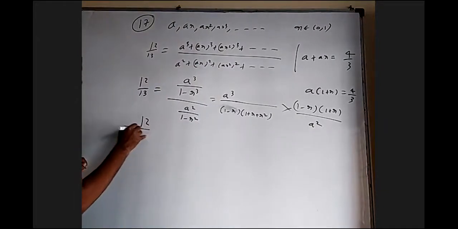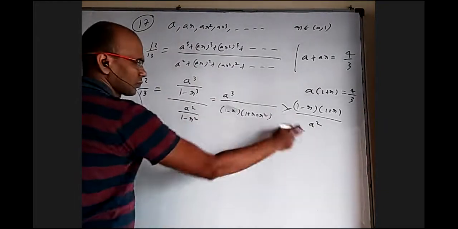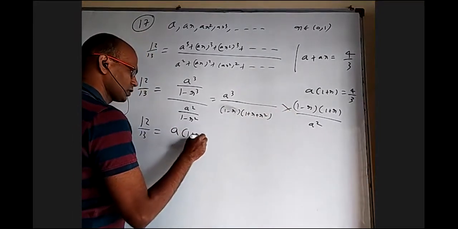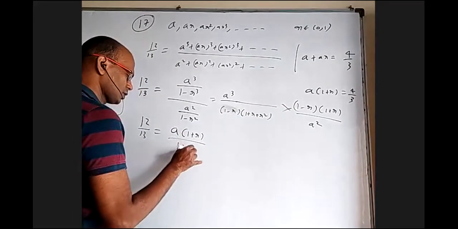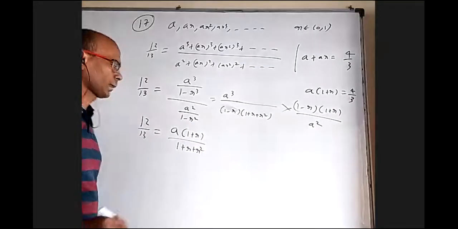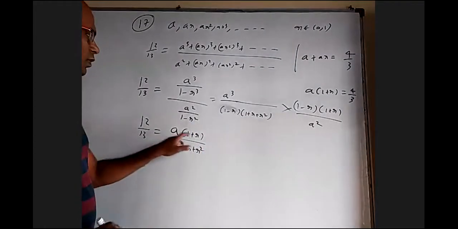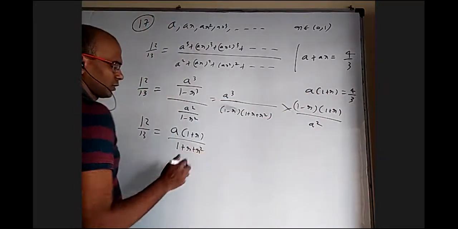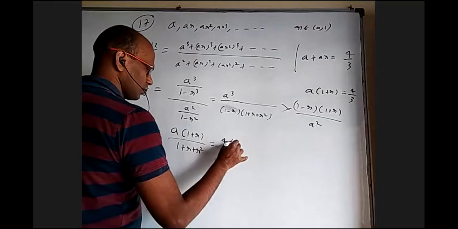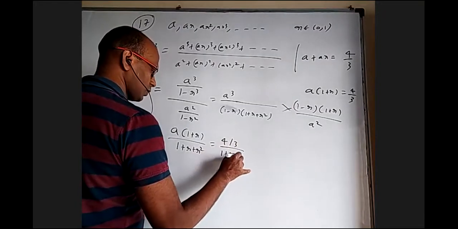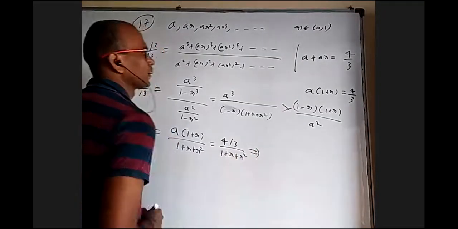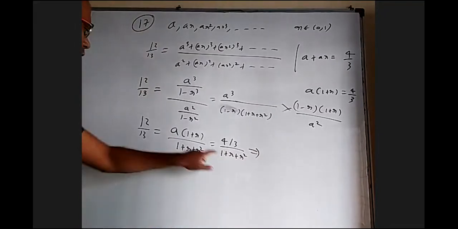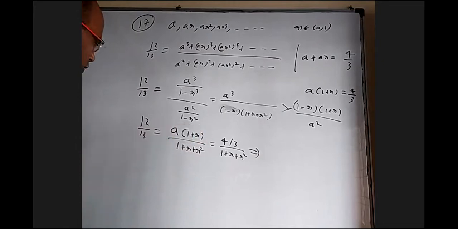So this 12 by 13 is, out of this A will be left, 1 minus R will cancel, so I will be left with 1 plus R by 1 plus R plus R square. But A into 1 plus R is there right here, 4 by 3. So I can substitute this, I'll get R value. Okay. So 4 by 3, 1 plus R plus R square. So I can bring 1 plus R plus R square here, 13 by 12 here.